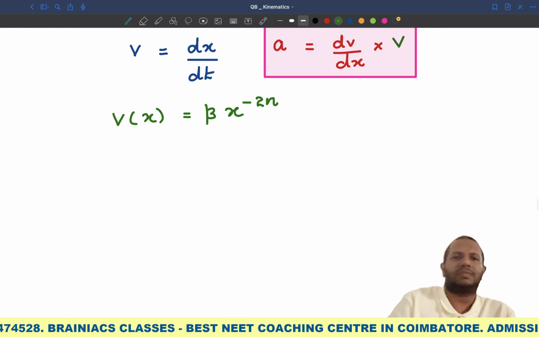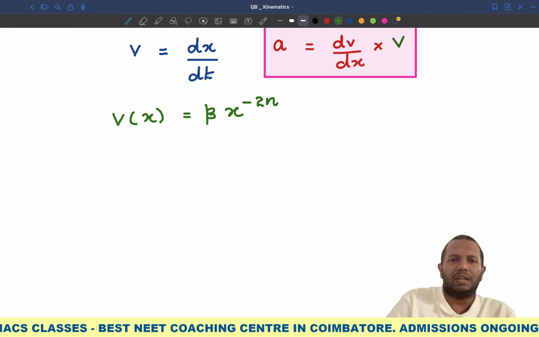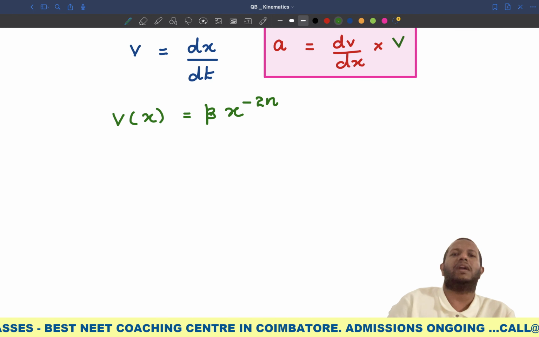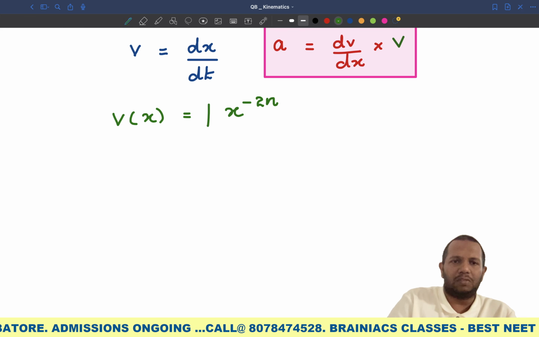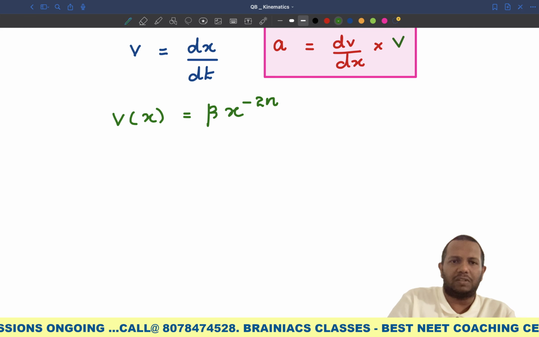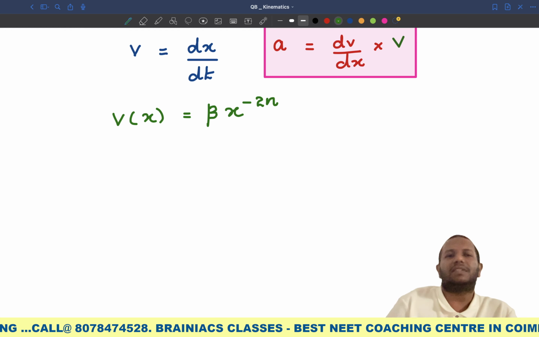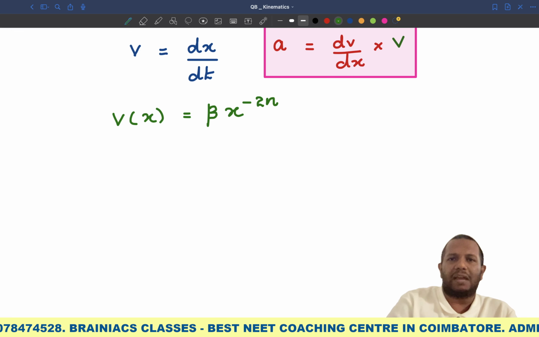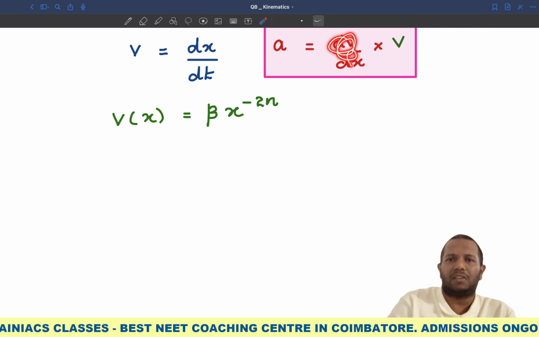That is correct. Let me make it a little more visible for students who are noting down. Please note down whenever you are writing, don't just listen, note it down. This is the equation given. If you want to find acceleration, you can see here we need to know what dv by dx is.